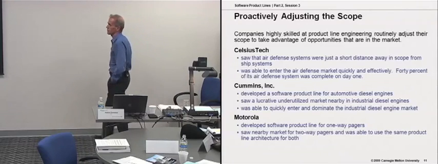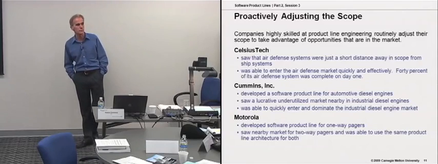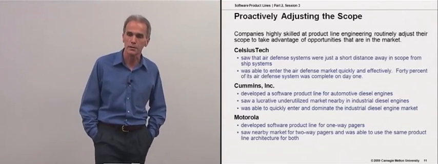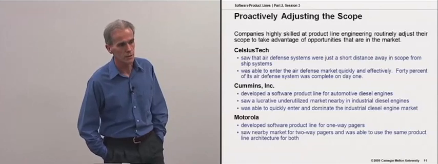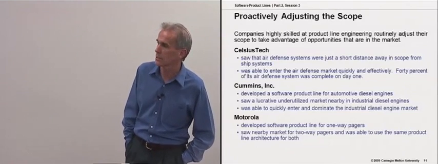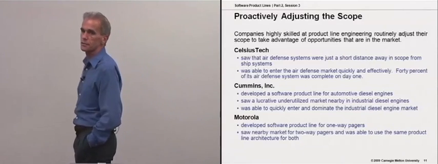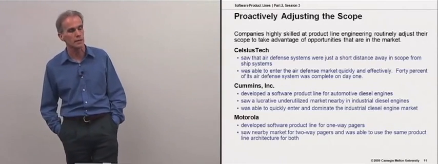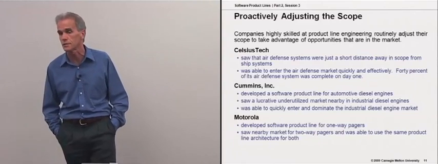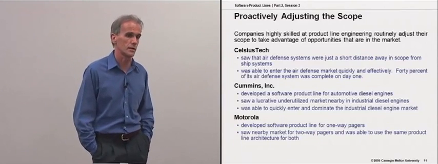Cummins similarly started off in the automotive division with their product line, but they made a conscious decision during the analysis to bring in people from the other divisions within Cummins as well, the industrial and the power generation division, and that allowed them to go after the industrial market.